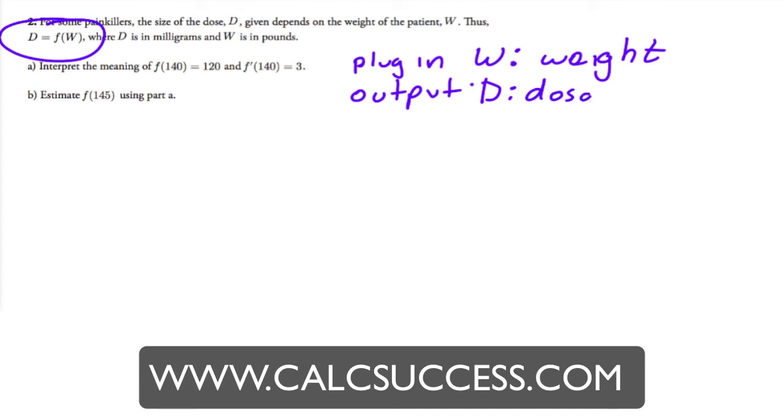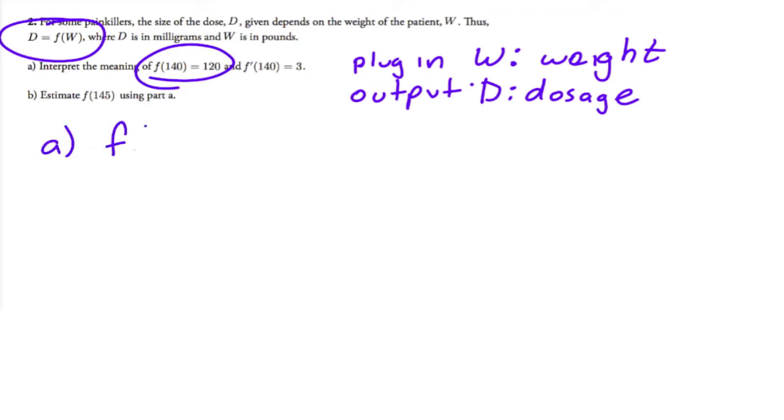Okay, so if we want to interpret the meaning of this first one, F of 140 is equal to 120. Remember, this is weight in pounds, and this is dosage in milligrams.